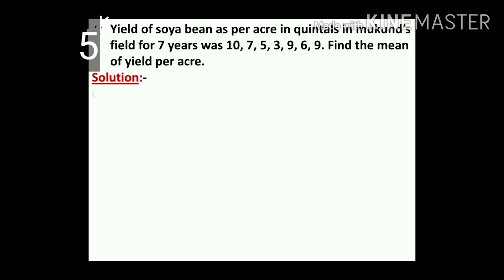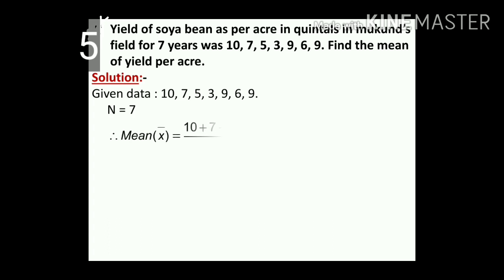Solution. Given data equal to 10, 7, 5, 3, 9, 6, 9. N equal to 7, means total how many numbers are there? 7. So n equal to 7.